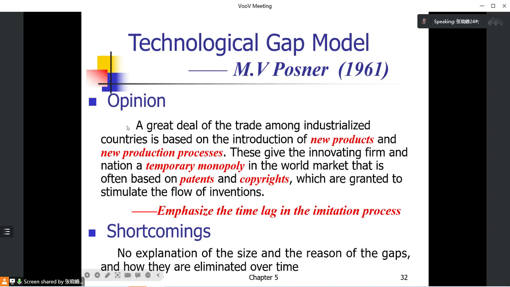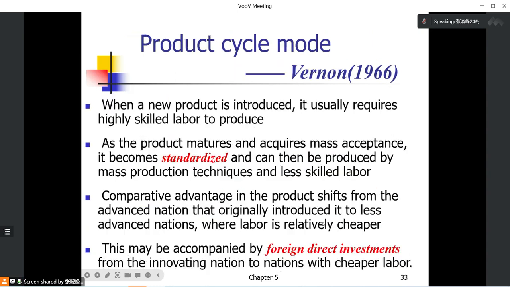Now, this theory emphasizes the time lag in the imitation process. Vernon put forward the product cycle model in the 1960s.